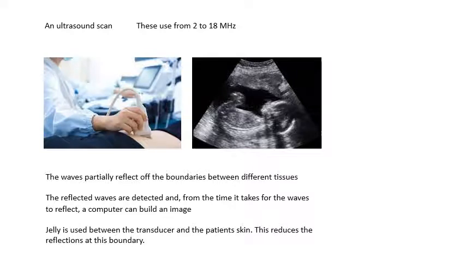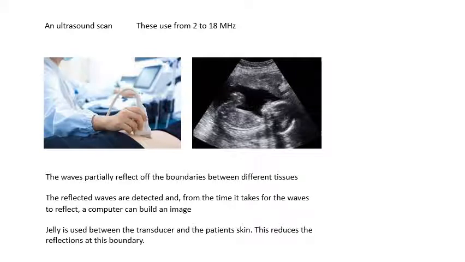Then these reflected waves are detected. This doctor or nurse is holding a thing called a transducer, and that's giving off the waves, and it's also detecting the waves. And from the time it takes for the waves to get there and back, a computer can work out how far they've traveled, and it can build up an image of the unborn baby.